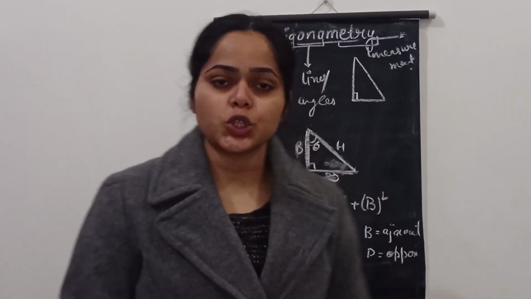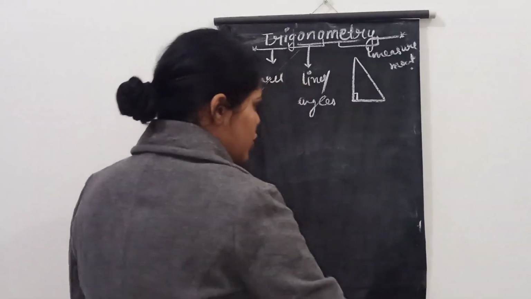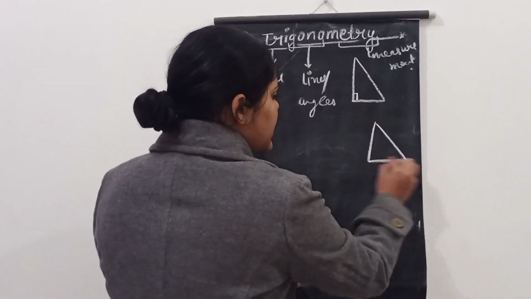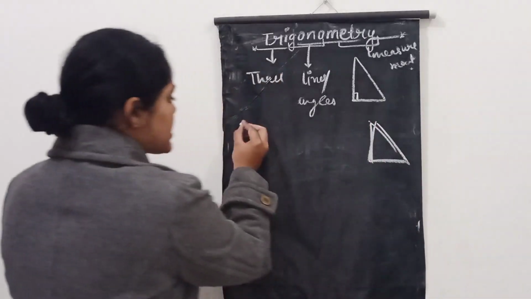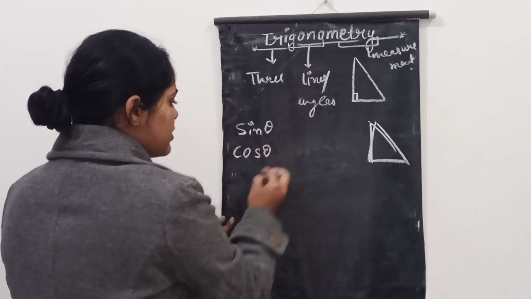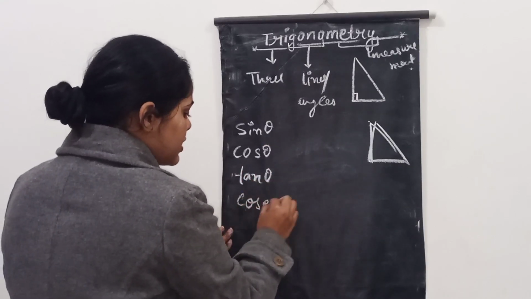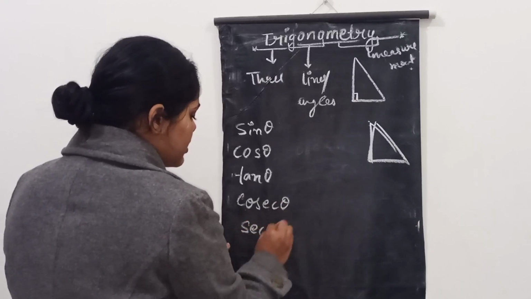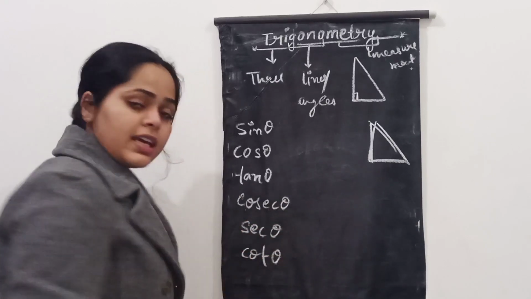The next term is trigonometry ratios. Let me explain the trigonometry ratios. There are 6 trigonometry ratios: sine theta, cos theta, tan theta, cosec theta, sec theta, and cot theta, right?